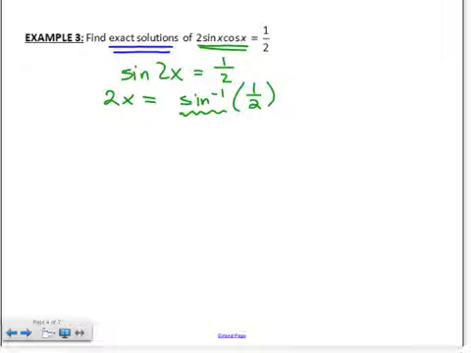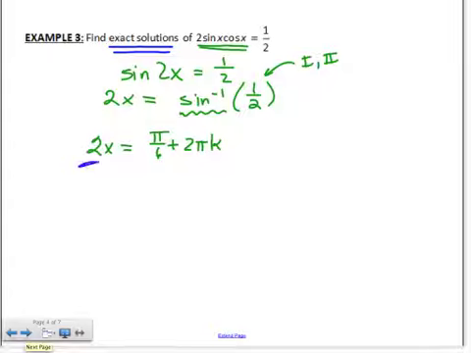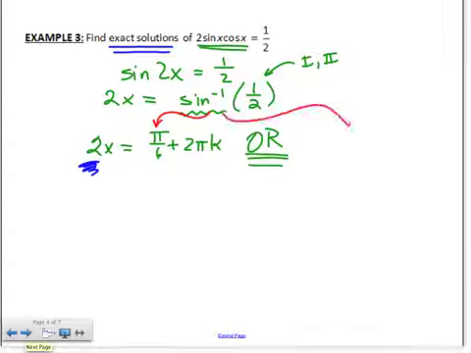Okay, so now we have 2x. This is important. 2x equals pi over 6, because I know that the sine inverse of 1/2 is pi over 6. But I'm also going to include the plus 2 pi k. The reason we do that is because we have another value in quadrant 2, which would not be the principal angle, but it's still important.